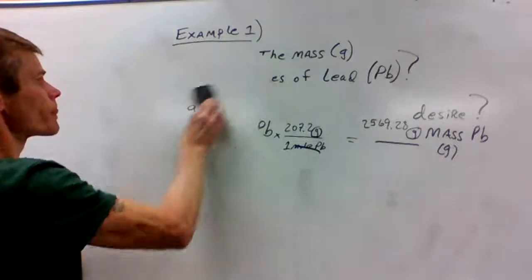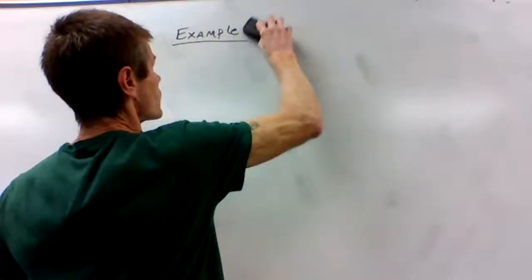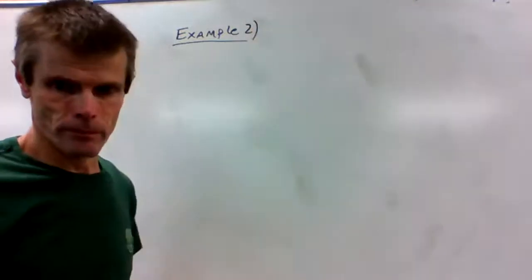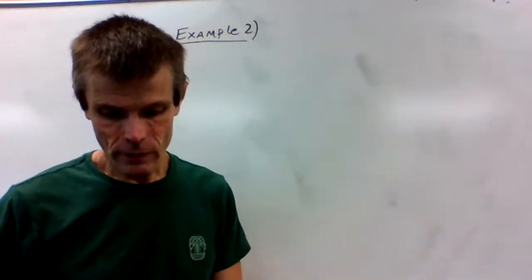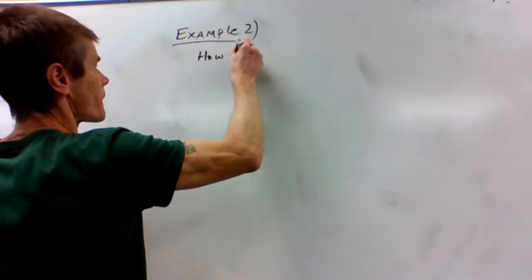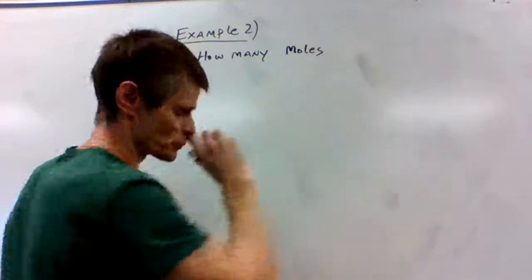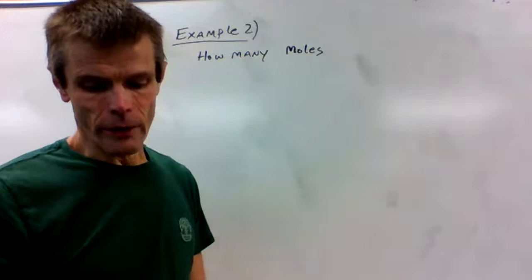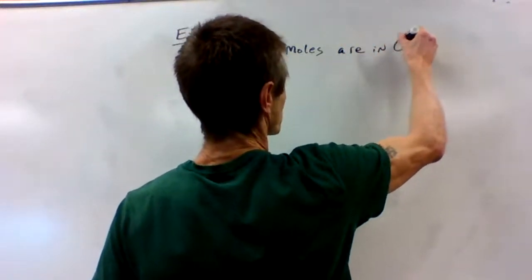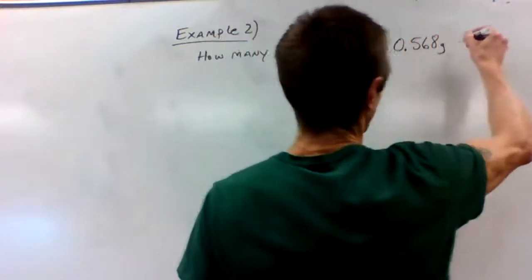Example 2. Example 2 says, how many moles are in 0.568 grams of iron?